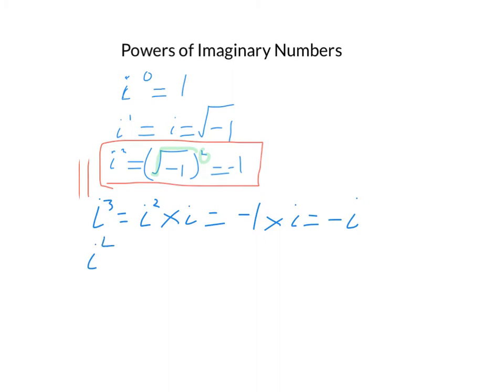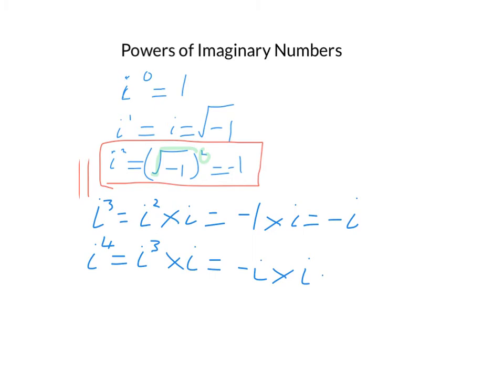We can apply the same thing then for i to the power of 4. i to the power of 4 is going to be i cubed times i. i cubed we know is minus i. So minus i multiplied by i.